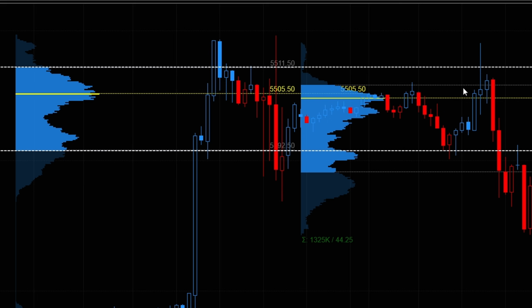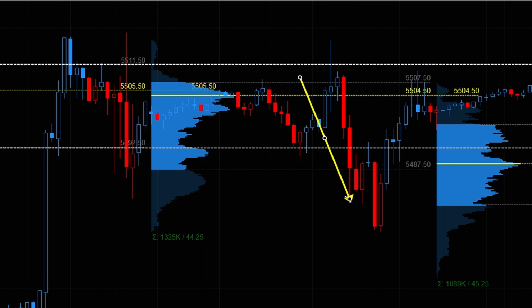And normally what I'll say is if we come above value area high, then we start coming back down. I then want to target the point of control. Then we look for the next volume profile level to the downside. And the same thing could be said to the downside. If we break value area low, then the market starts coming back up. I then look for the market to come back up and test that point of control.